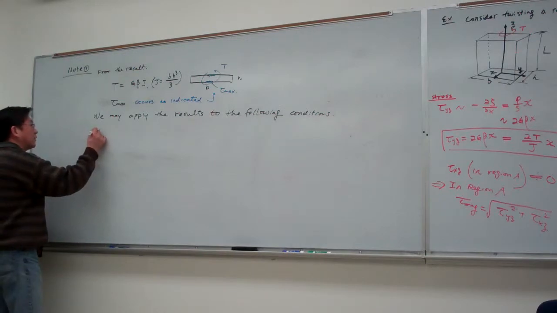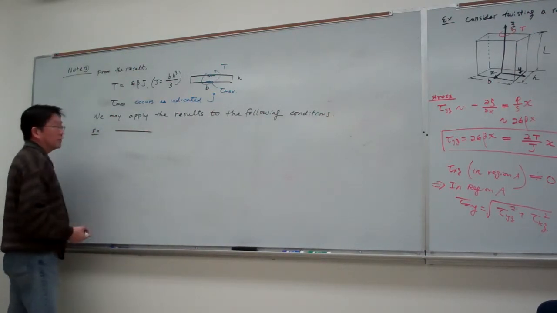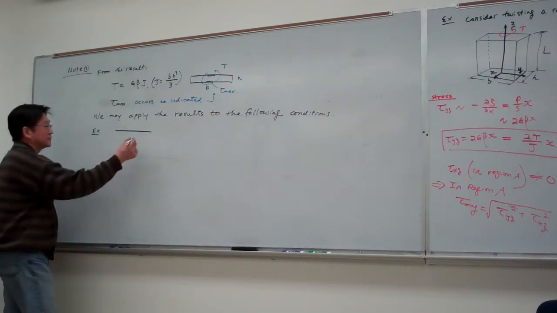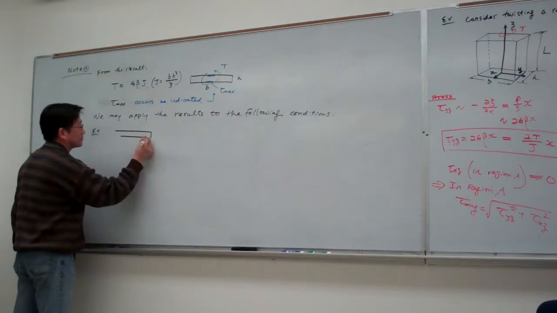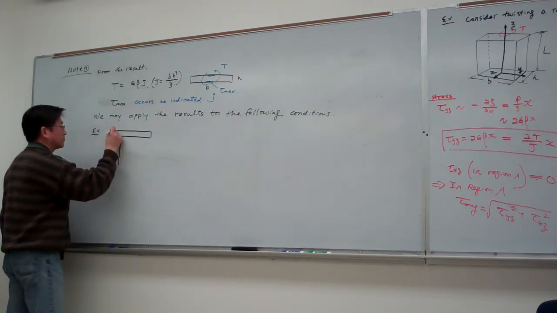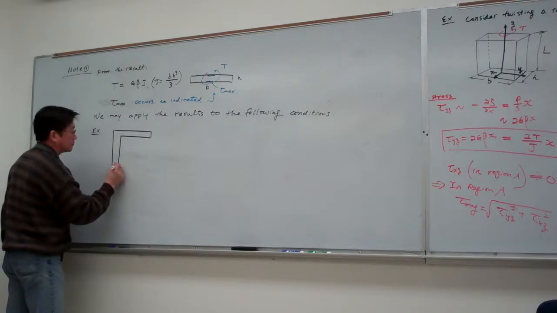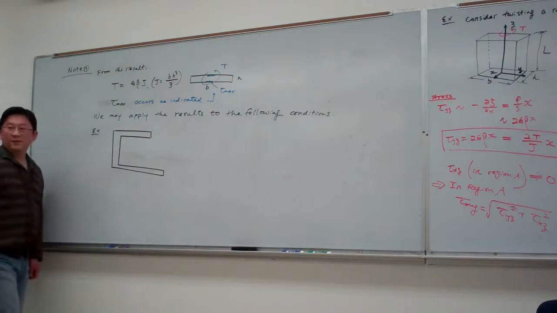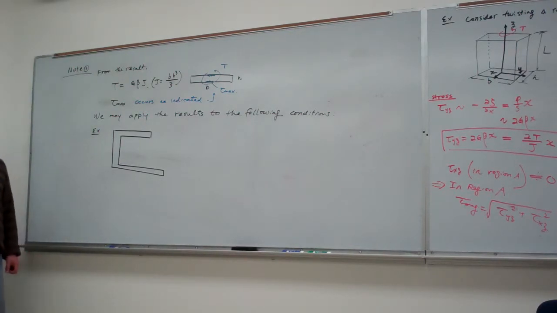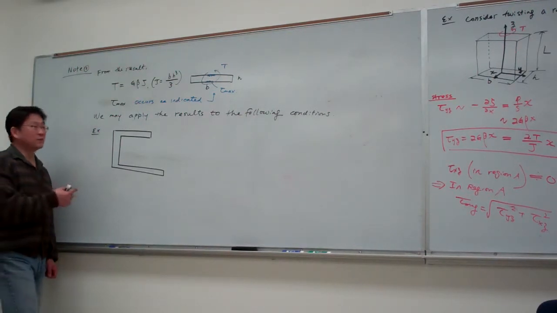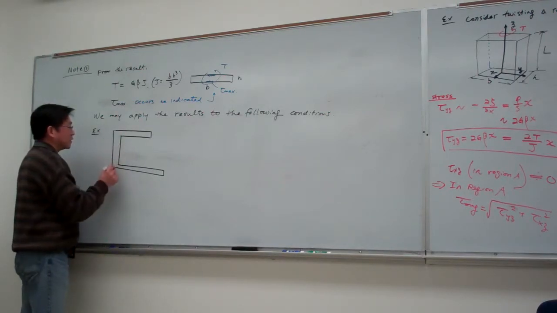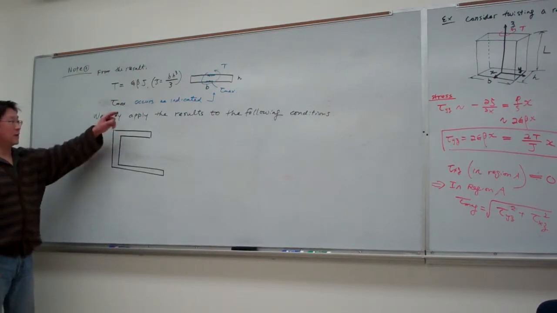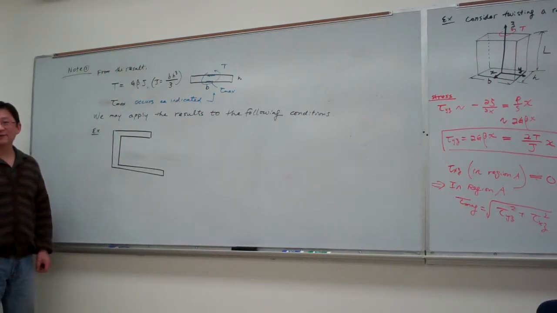For example, the first one is this. If we consider a cross-sectional shape like this, you can see the feature of the shape, basically that can be decomposed into the superposition of three thin rectangles, right?